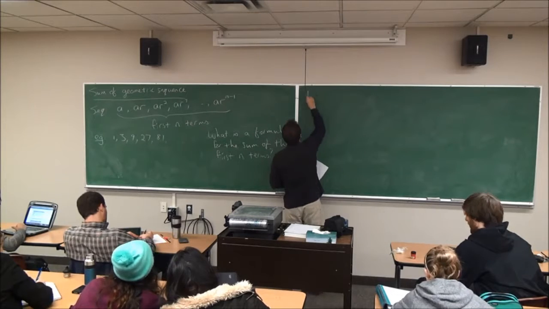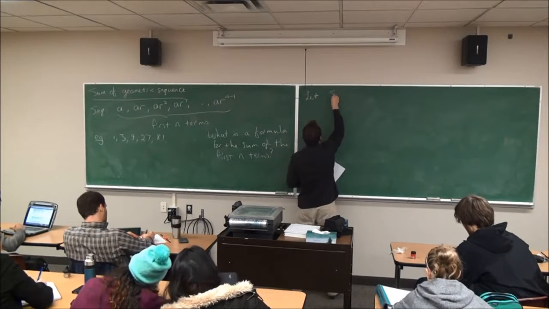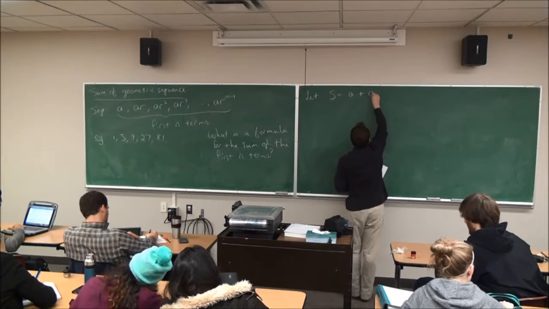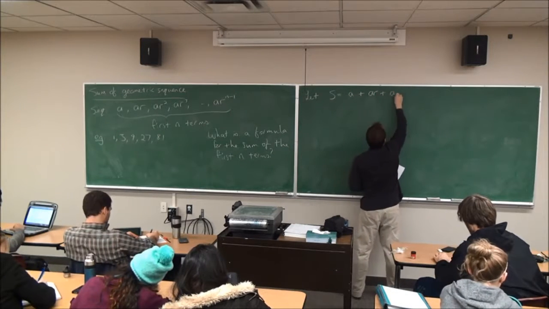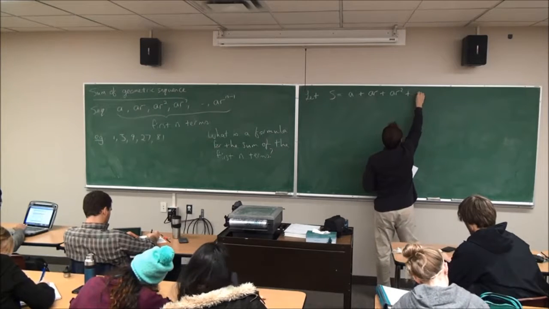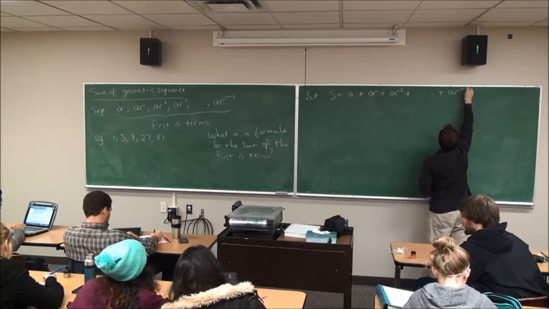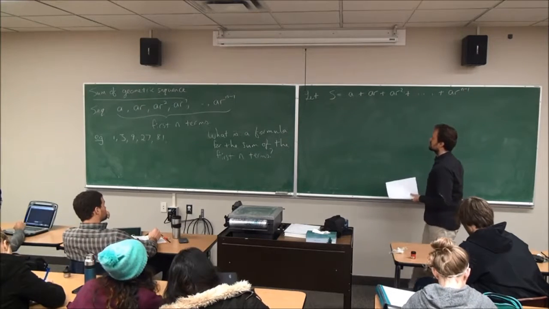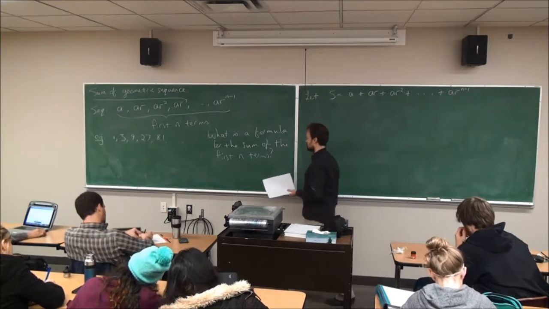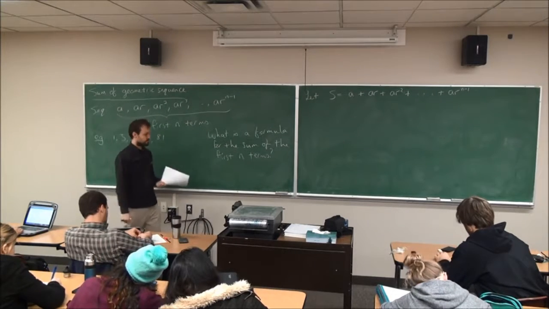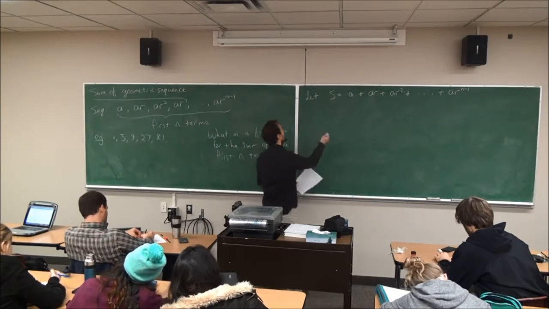So here's how I'm going to do it. Let's call this sum S, and let's write a plus ar plus ar squared plus all the way to ar to the n minus 1. I'm adding them, and I'm trying to figure out a way to determine a formula for S. This is how I'm going to do it.